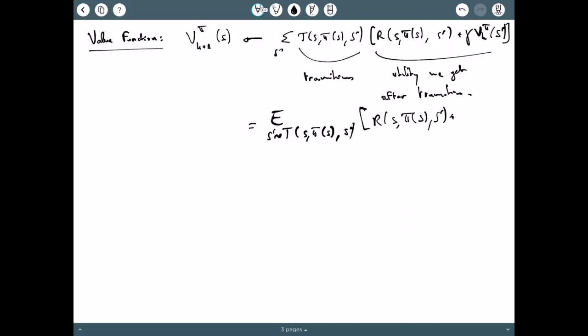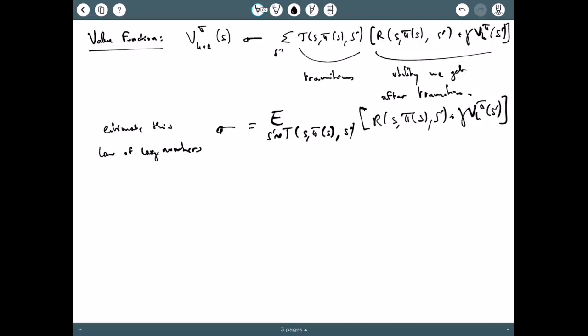And if we know the probability transition perfectly well, we can exactly compute this expectation. However, if we don't, we can still try to estimate this. And we hope that basically the law of large numbers is going to work for us.